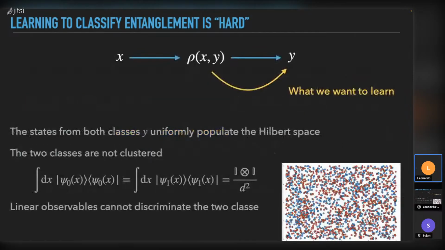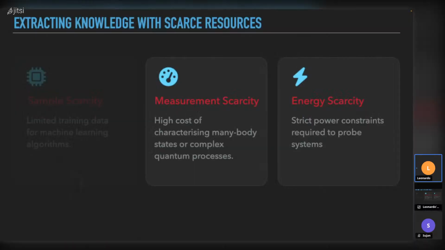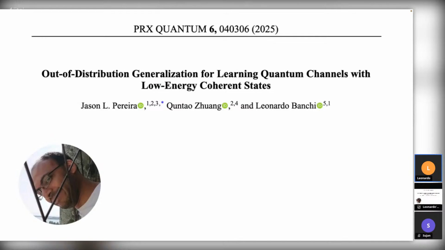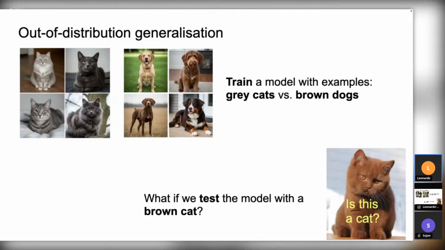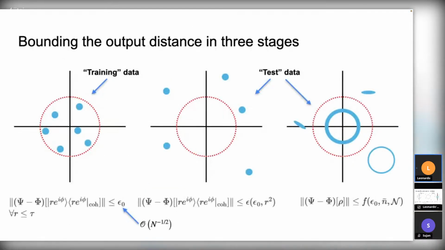So let me jump to the conclusions. Clearly, I don't have time to talk about out-of-distribution generalization. But what we did in this paper is show that we can learn optical quantum channels very well for some low energy, and then have some performance guarantee to extrapolate to all the possible high energy and so forth.